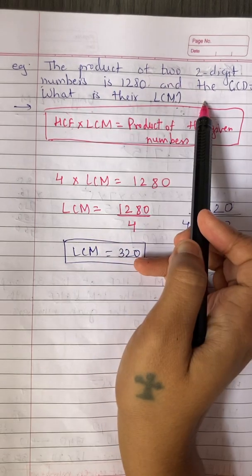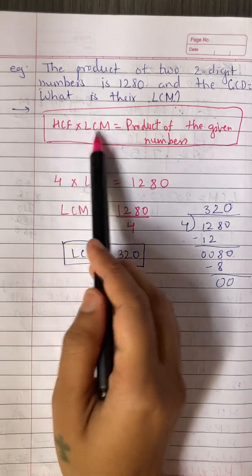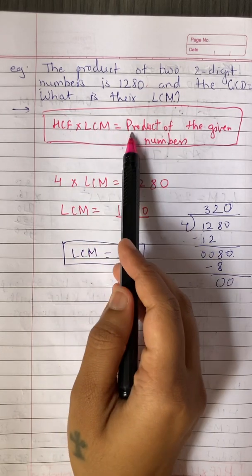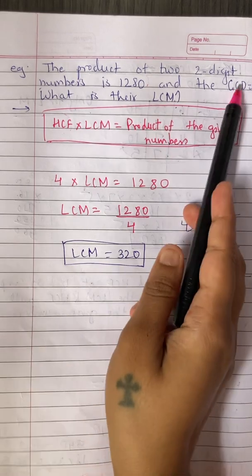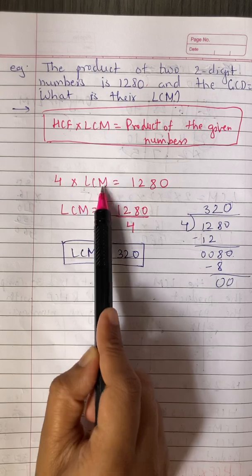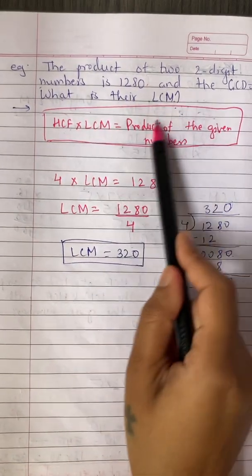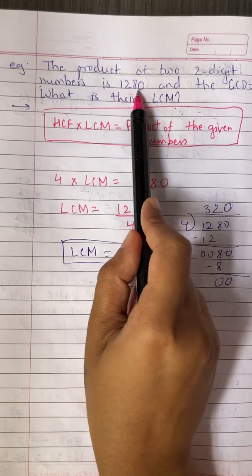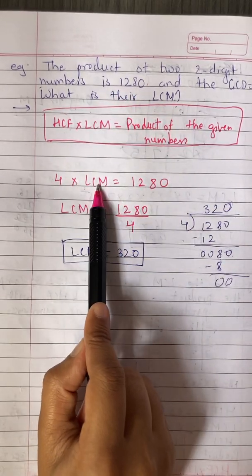Then what will be the LCM? Right now we have learned the formula LCM into HCF, or HCF into LCM we can also write, is equal to product of the given numbers, right? And GCD is already given, which is HCF, which is 4. LCM we have to find out. And the product of the given numbers is given as 1280. Now 4 is multiplied over here.